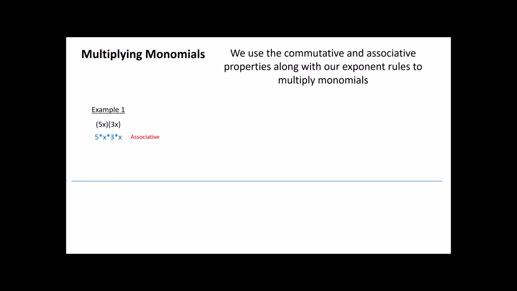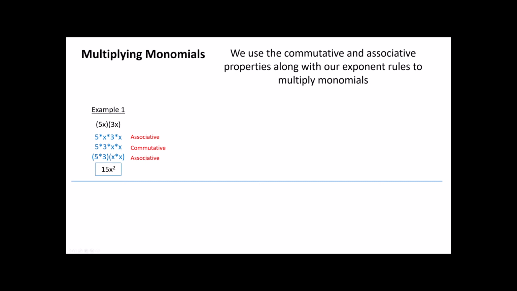In addition to that, the commutative property says it does not matter what order we list our numbers in if everything is multiplication. I could do the 5 times 3 first, I could do the 5 times 3 last. I can rearrange and reorganize these any way I want to in order to make it easier to multiply. Now in this case, it's extremely helpful to reorganize those because now I can do the 5 times 3 and get my 15, and I can do my x times x and get 15x squared.